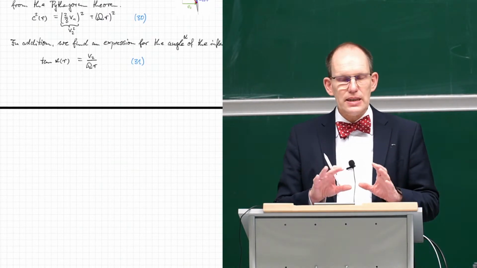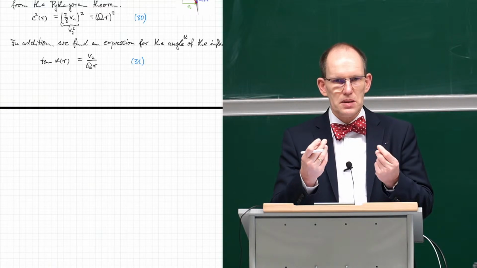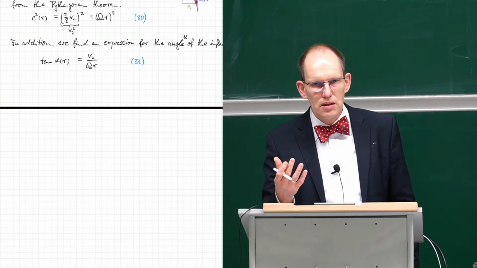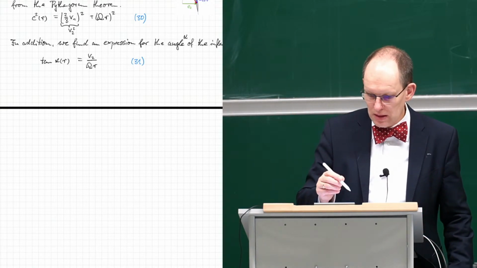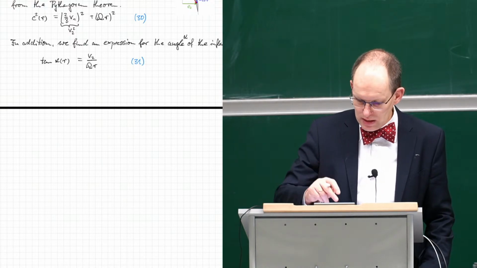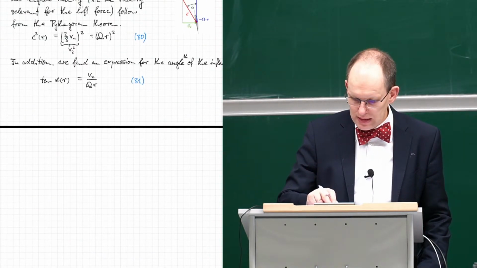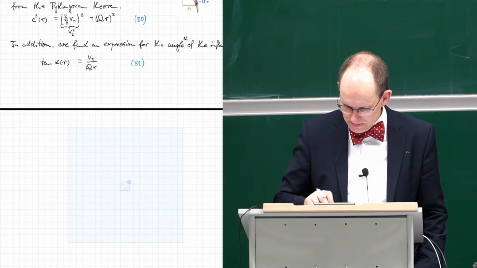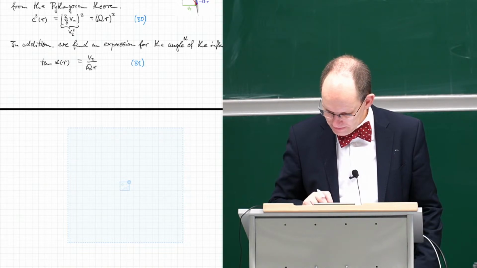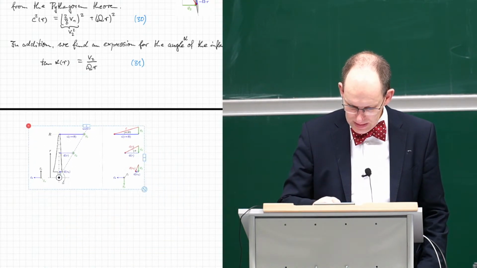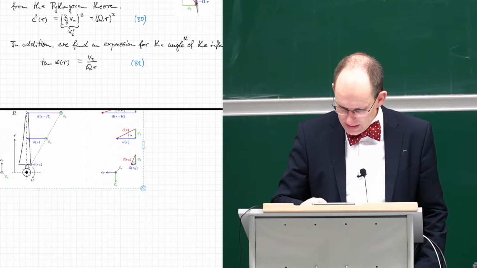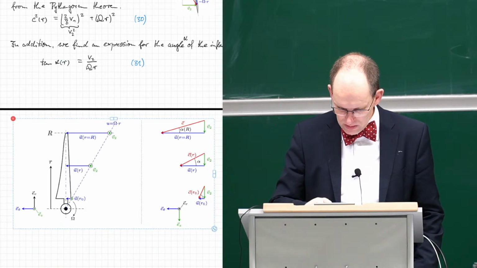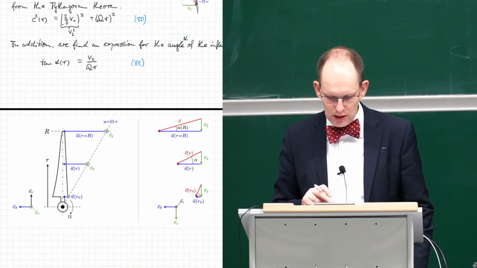So next we try to give a to-scale graphical representation of the conditions for the wind at these rotor blades. I have this here. So we look at the rotor blades from two different directions.